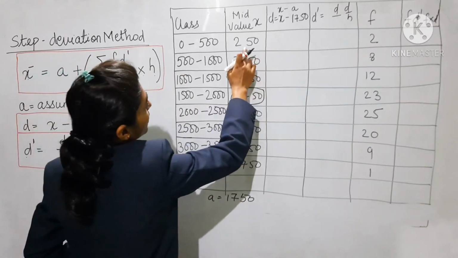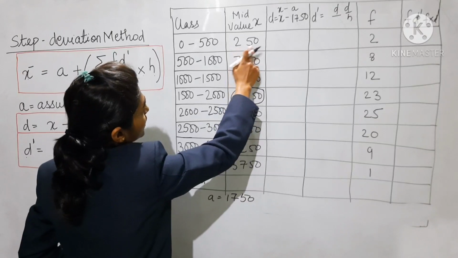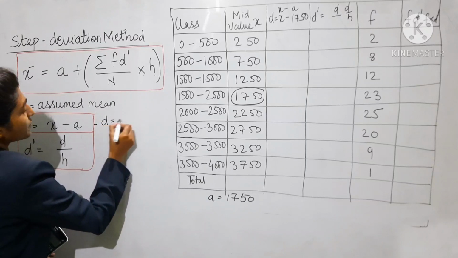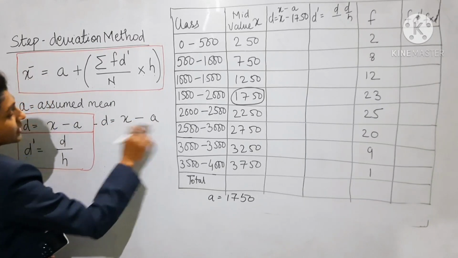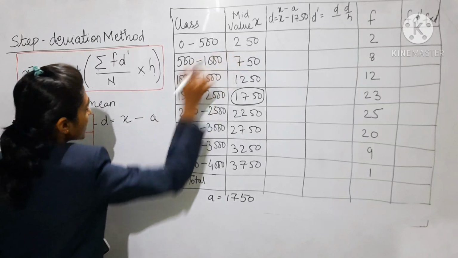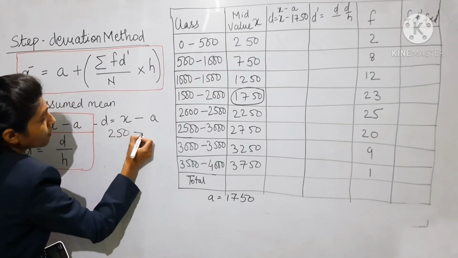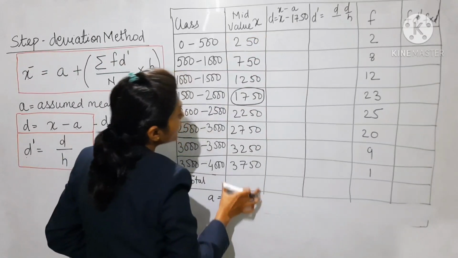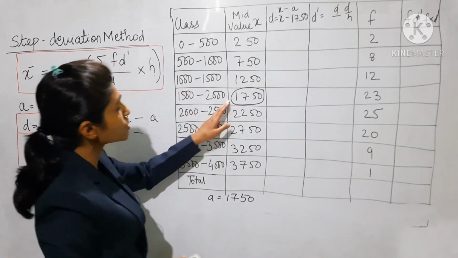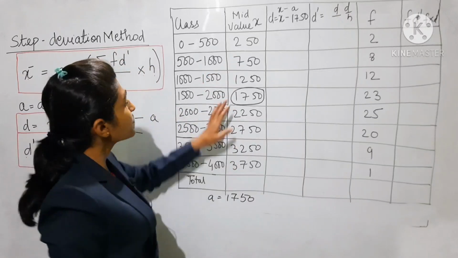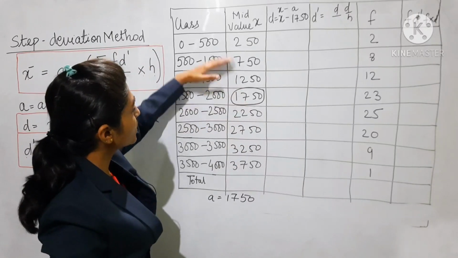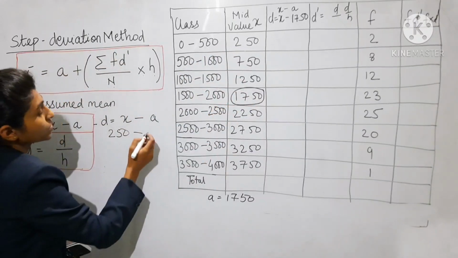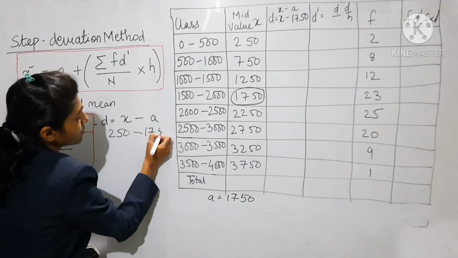So for D, I am going to use X minus A. For the first class, X is 250 minus A. I have taken as the assumed mean the mid value of the observations, which is close to all the observations, that is 1750.